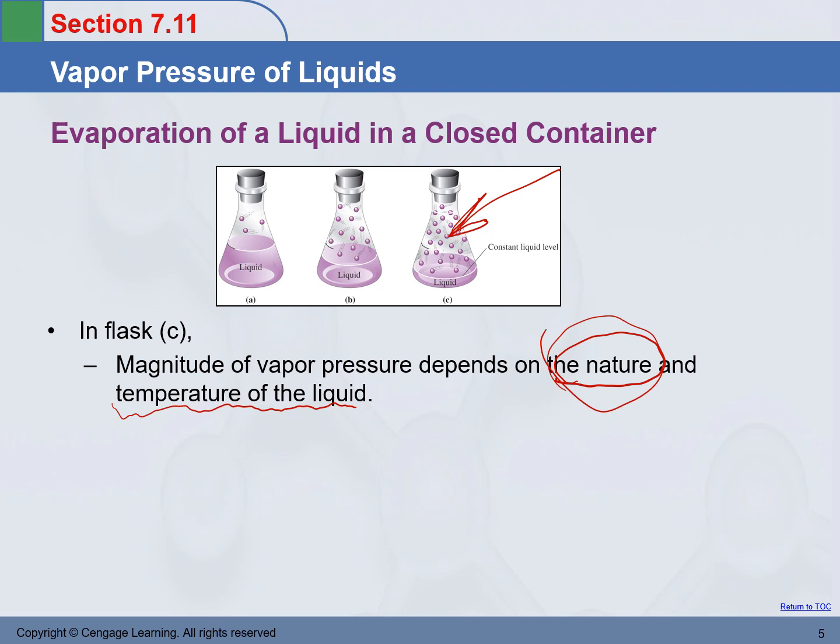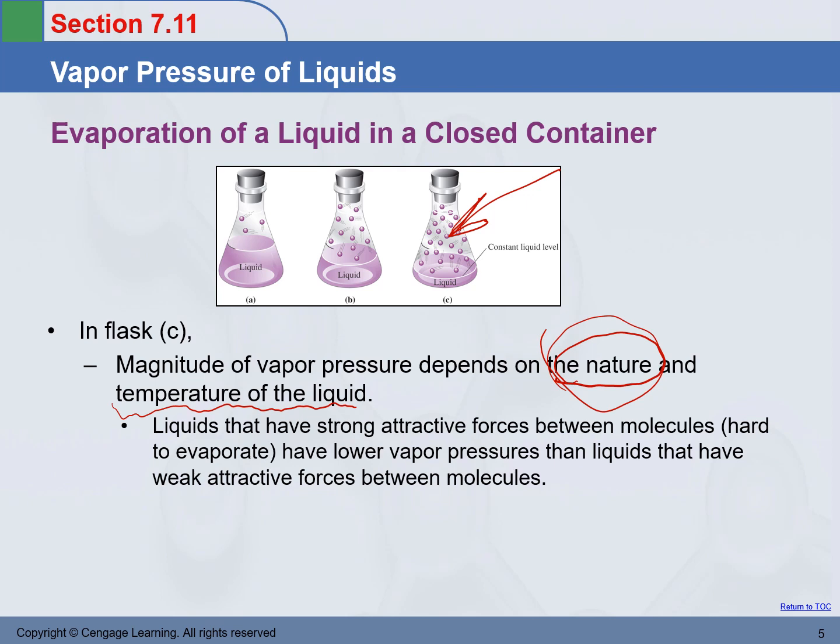So the reason gasoline molecules evaporate faster is because the attractive force among the gasoline molecules is weaker than the attractive force between water molecules. So gasoline molecules do not need a lot of kinetic energy to overcome the attractive force. Well, in the case of water, molecules are tightly attracted to each other, so you need a lot of kinetic energy to overcome that. Not a lot of molecules have that much kinetic energy, so it evaporates slowly.